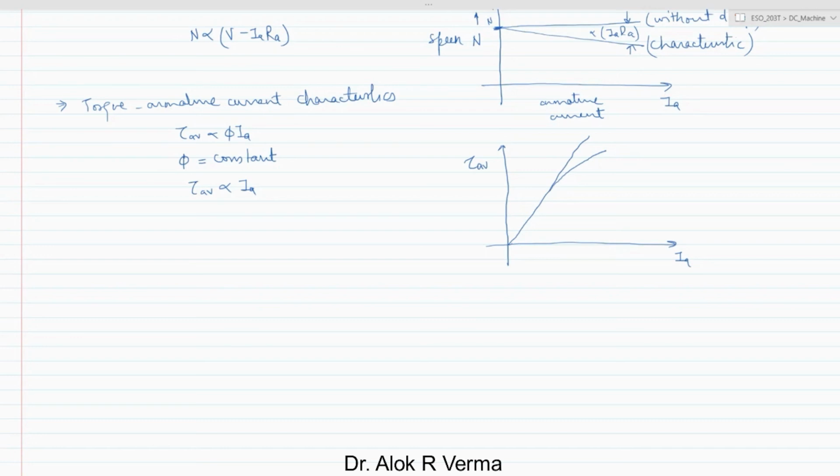If you want to see the relationship between the various torques, the net torque will be the difference of these torques. So tau n is the net torque, also known as the useful torque, whereas tau g is known as the gross or the total torque.